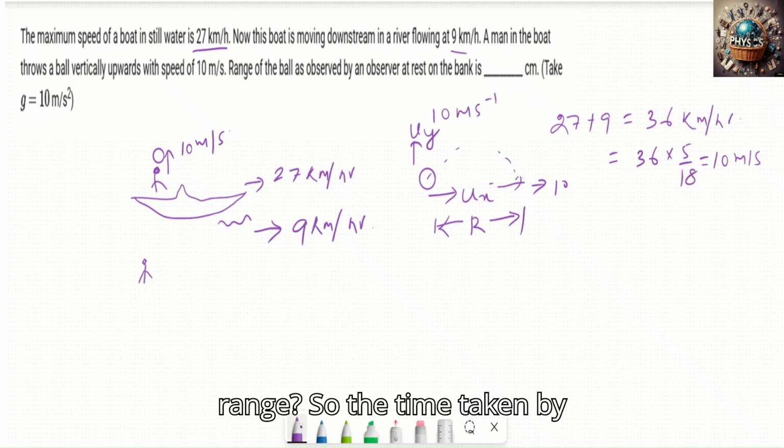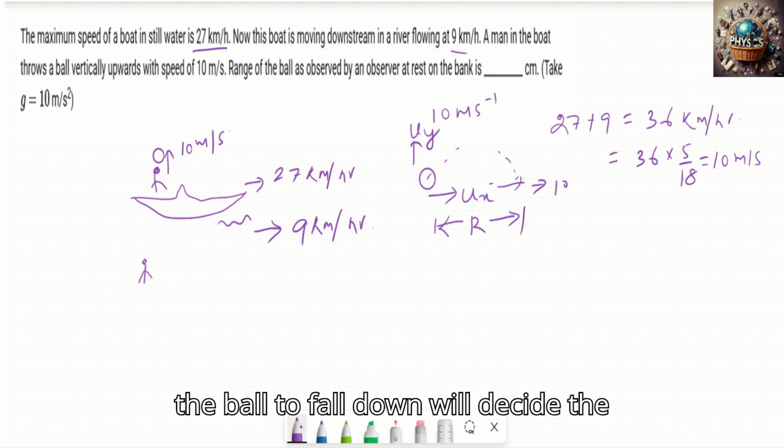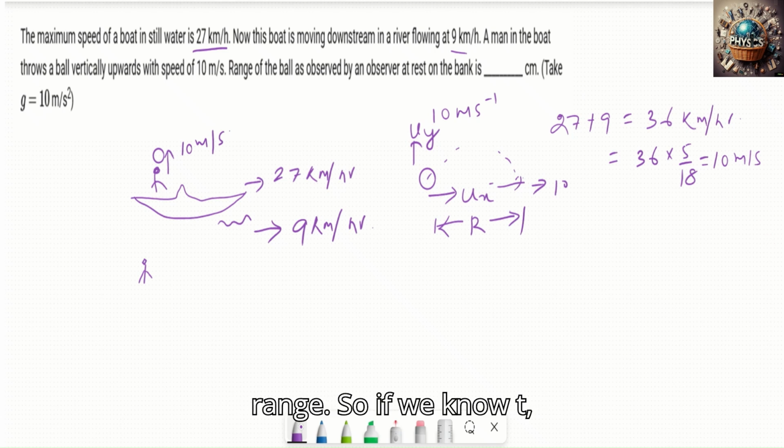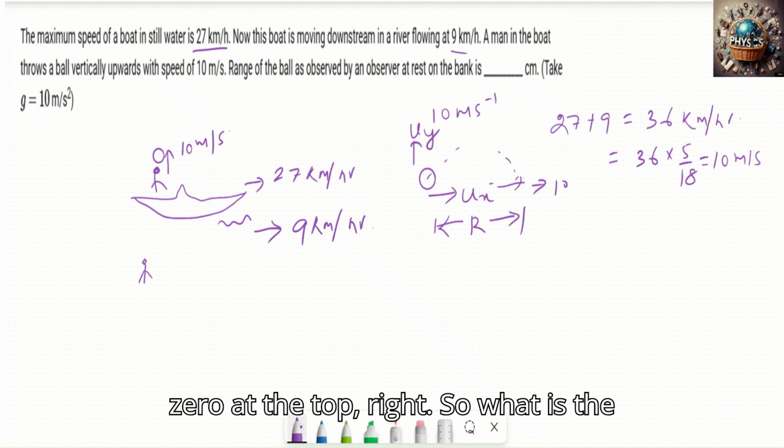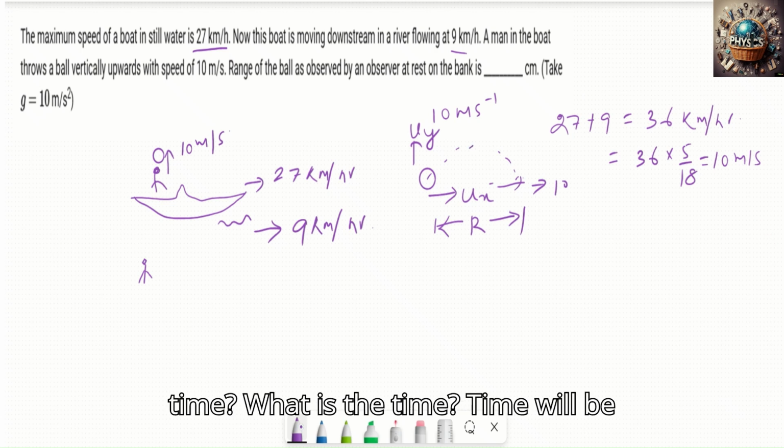So what is the range? The time taken by the ball to fall down will decide the range. So if we know t, which means that at one point of time the final velocity of the ball will become 0 at the top, right? So what is the time?